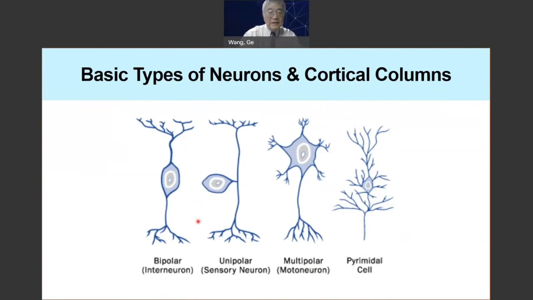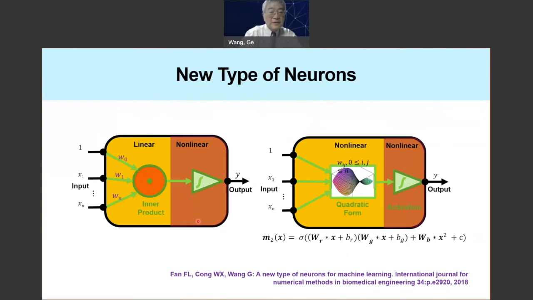But why in artificial neural networks do we only use this type of neuron? So the input vector, weighting factor, and this inner product, the linear processing unit, then subject to nonlinear activation like ReLU, you get output. This is what we just learned. Okay, and we think we need to make more types of neurons to make neuron types diverse.